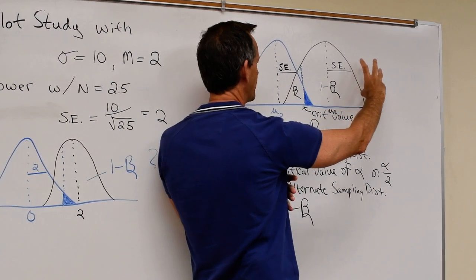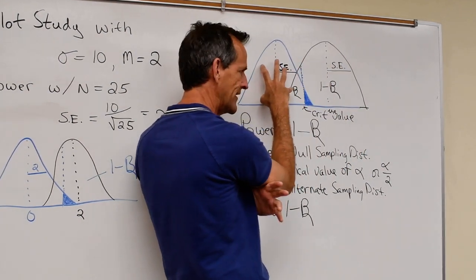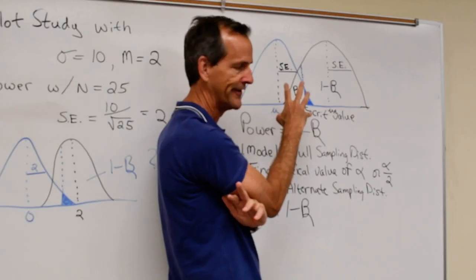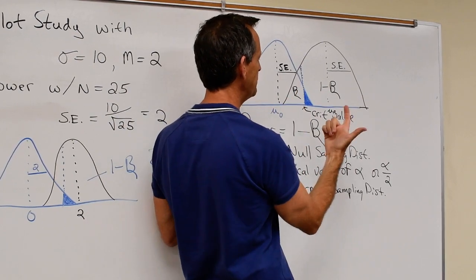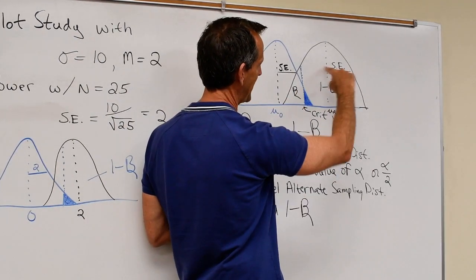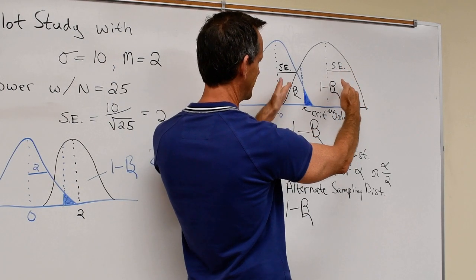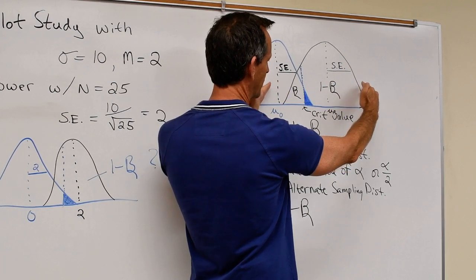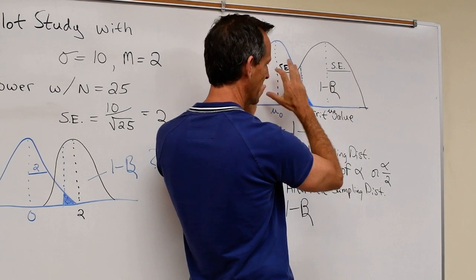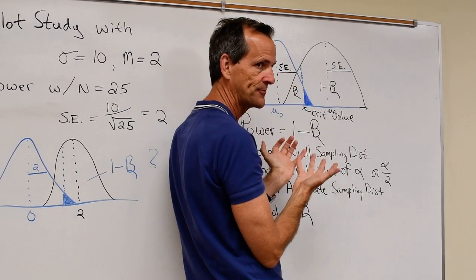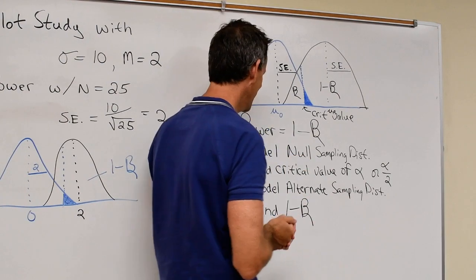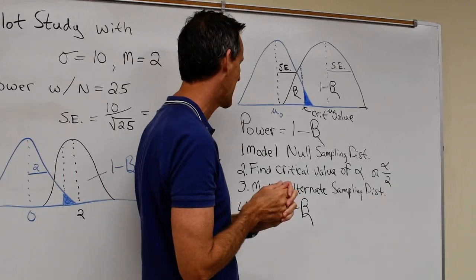On the other hand, if we slide it closer over here, we start losing power. The same thing would be affected by the size of the standard error. If the standard error increases, that increases the width, there's more overlap, meaning less power. So those are some things that affect power.